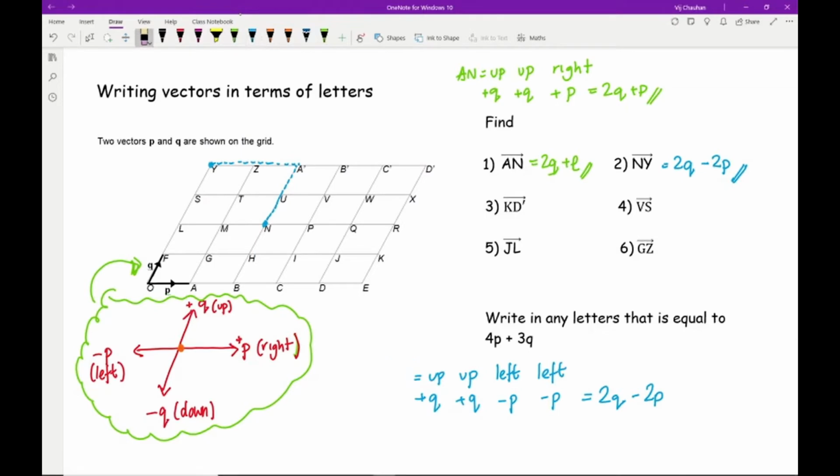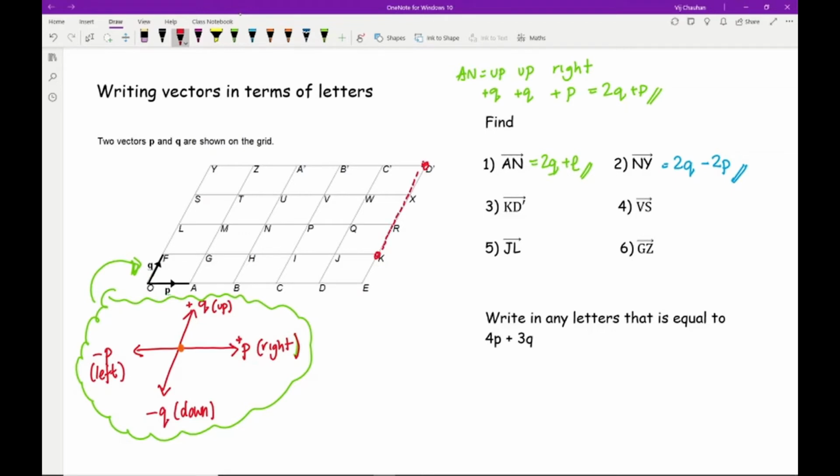And then moving on to question 3, here we're going from K to D dash. So again, if I just get rid of all of this, let's use a different colour, let's go for red. Here I'm starting at K, which is here, and I'm going to D dash, which is here. Starting at K, I'm going to follow this route here.